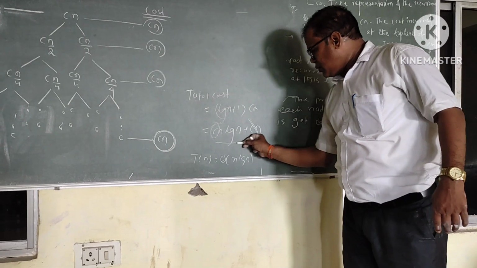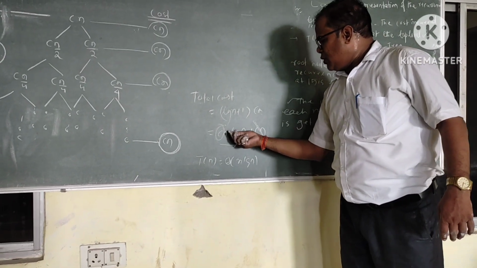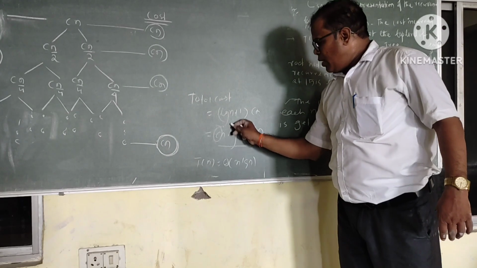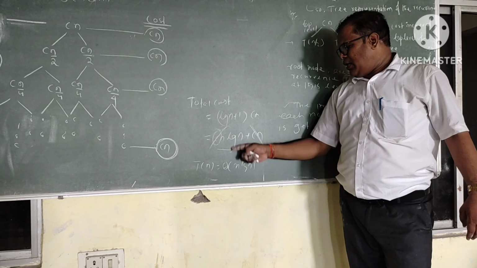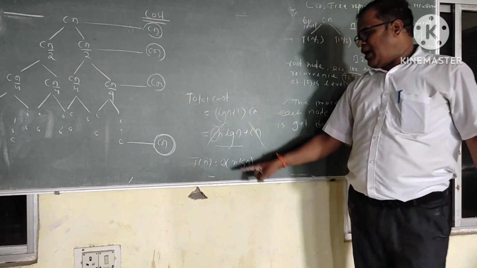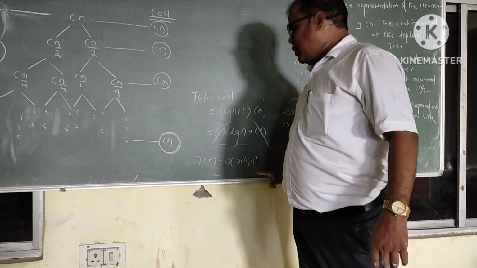The leading term is Cn log n, and its coefficient is C. You eliminate C and finally you find that the total cost is n log n. Hence, we write the running time of merge sort T(n) = Theta(n log n).